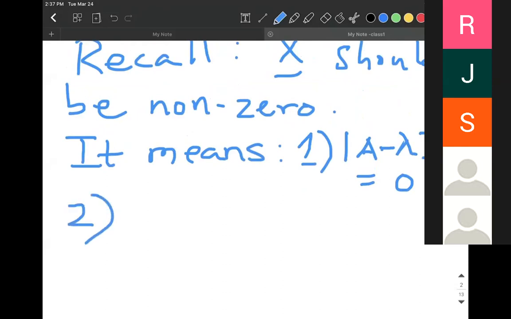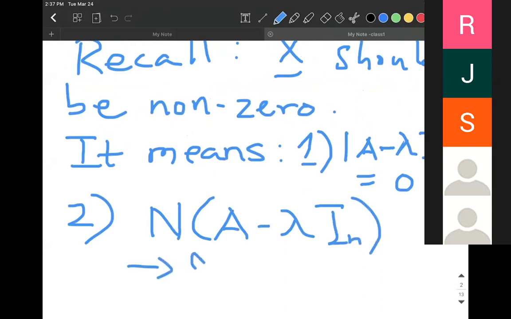And number two is that if you take the null space of A minus lambda I, this gives the eigenvectors.